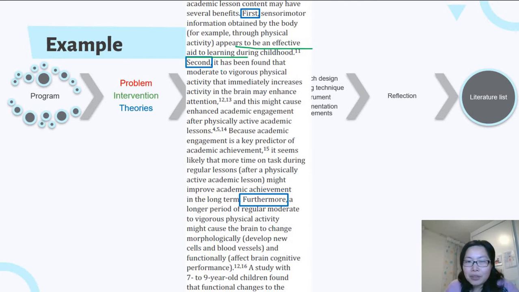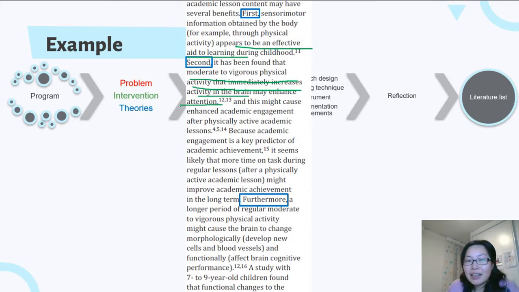And also, it has been found that moderate to vigorous physical activity immediately increases activities in the brain, so may enhance attention. So if we ask pupils to be physically active in the lessons, that will also make them more attentive, increase their attention on the learning content.